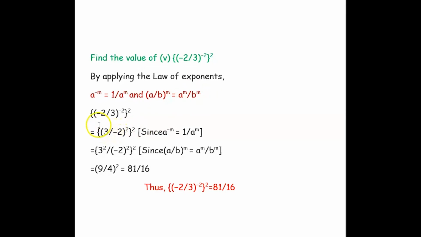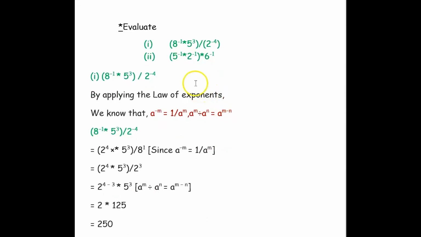First step, we are interchanging the numerator and denominator, that is 3 divided by negative 2 raised to the power of, this will become positive 2, so the whole raised to the power of 2. Now we are simplifying: 3 square divided by negative 2 square, the whole raised to the power of 2. So 3 square is 9 and negative 2 square is negative 2 into negative 2, that is positive 4, the whole square. So 9 square is 81 and 4 square is 16. So 81 divided by 16 is the answer.